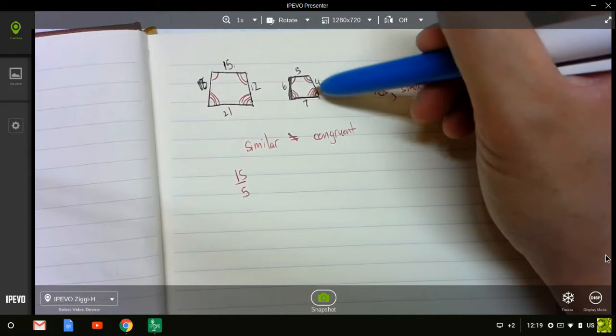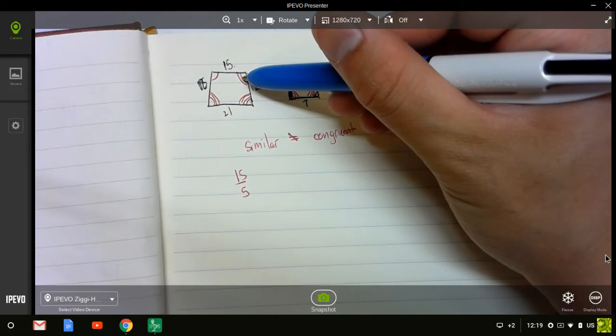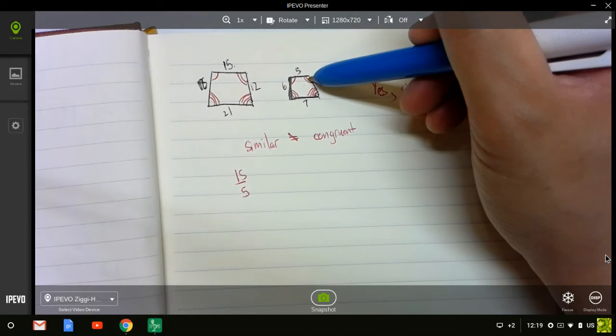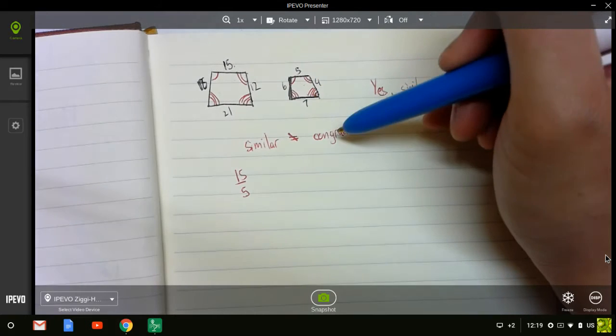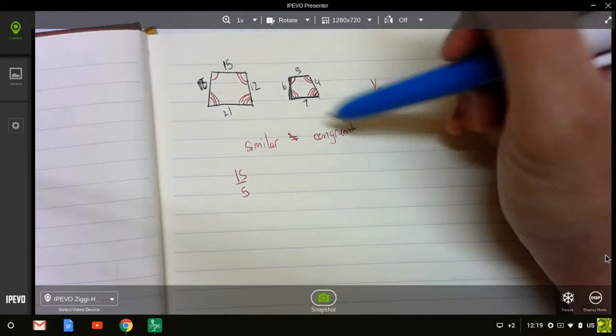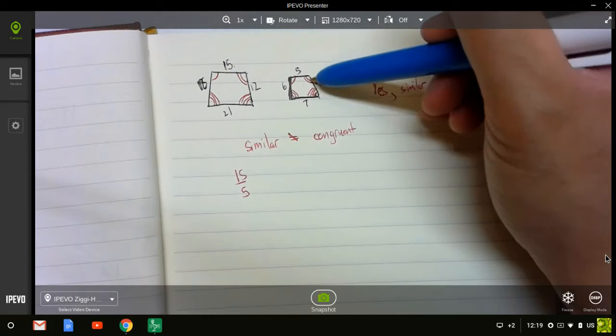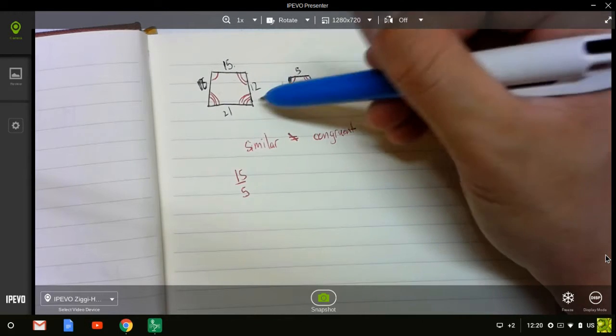In the same way, this quadrilateral has the same angle measure in the upper right-hand corner and the lower right-hand corner in the same order, the 2 dash and the 3 dash. So you have to go by the same order of angles to indicate which sides form a proper ratio to each other.